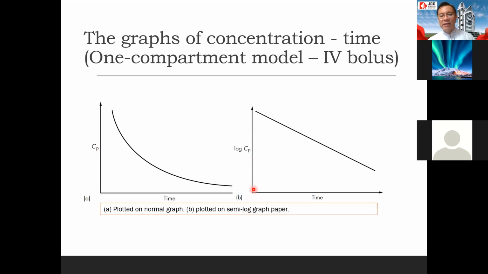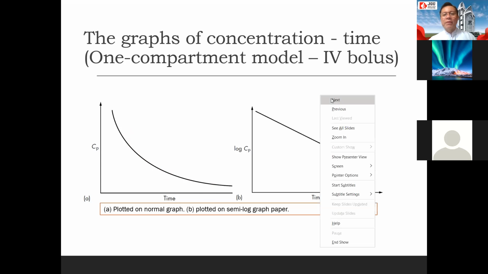Because the scale is 1, 2, 3, but 1 for log is 10, 2 for log is 100, 3 for log is 1000. Correct or not? So it follows that. But for the normal graph paper, it will result in this. In mathematics, we know this is called exponential.